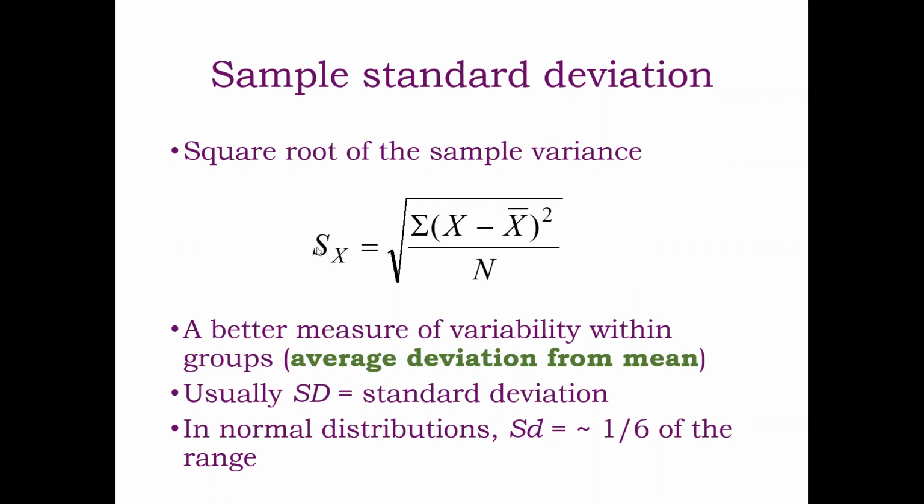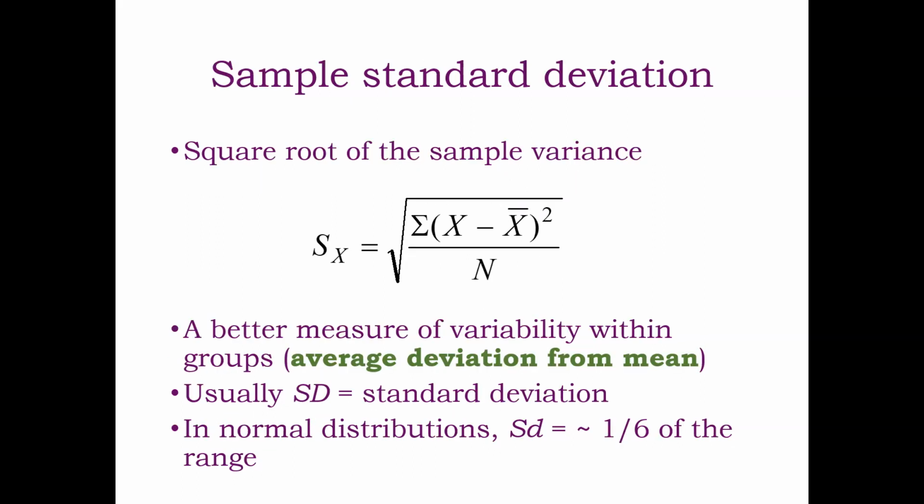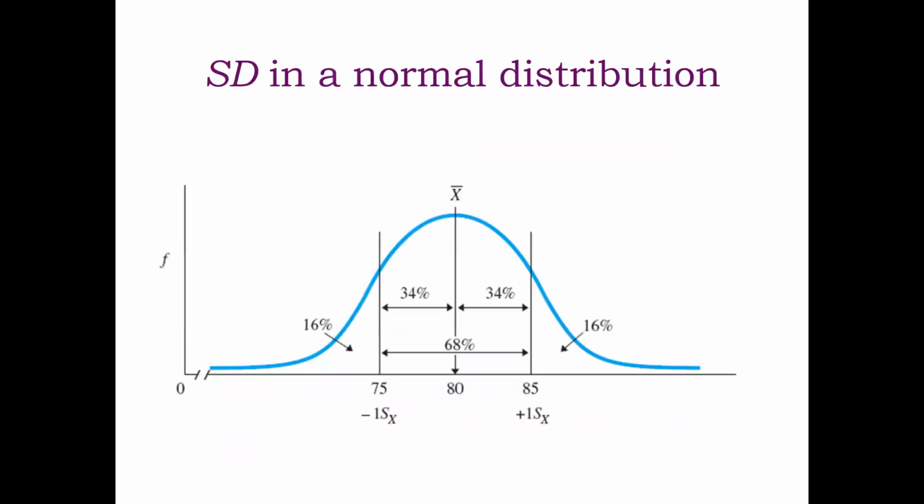You can denote it S sub x or SD, standard deviation. In a normal distribution, a standard deviation is about 1/6 of the range, right? So again, take the square root of the sample variance, and you get the standard deviation, or the average deviation from the mean. Just think something standard, it's average. That should help, right?